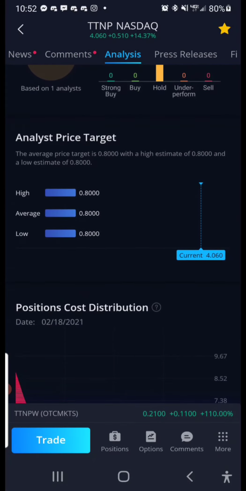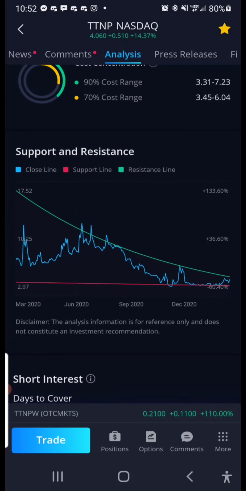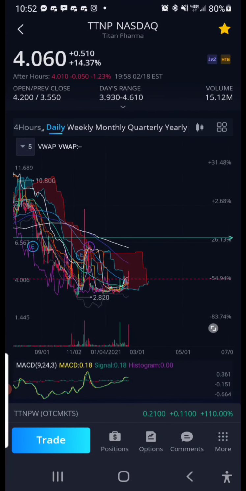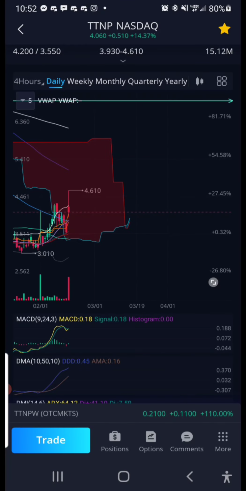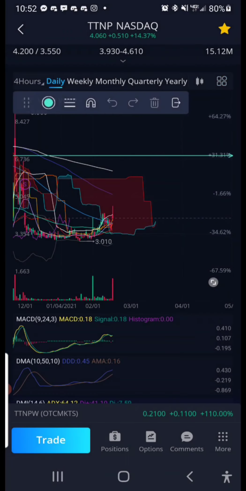This says it's on the hold, low price target, and the resistance line is at 449, 450. So basically, if this thing can stay up over this resistance line, which it hit and rejected.